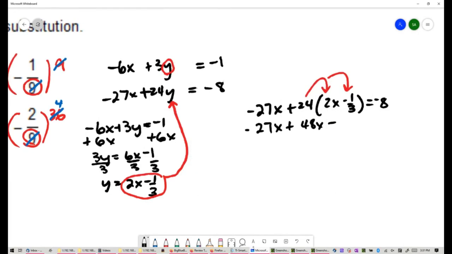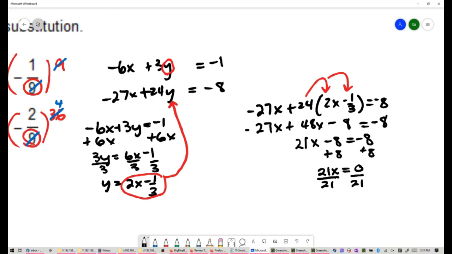And 3 into 24 goes 8. I can combine like terms here. 48 minus 27 would give me 21x minus 8 equals negative 8. Add 8 to both sides and get 21x equals 0. Divide by 21 and get x equals 0.